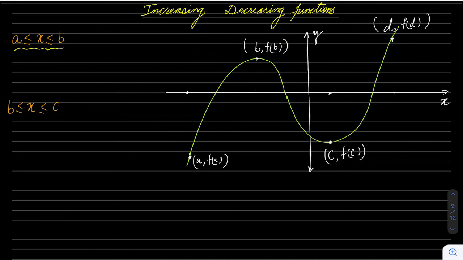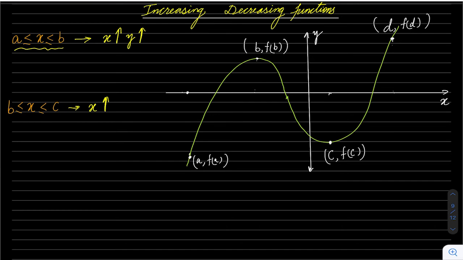Now you can see from A to B, when you go on the curve from point A to point B, what's happening? My x is increasing, and at the same time, my y is also increasing. Okay, now let's consider moving from B to C. When you go from B to C on the curve, you can see my x is increasing because we are going on the right side.